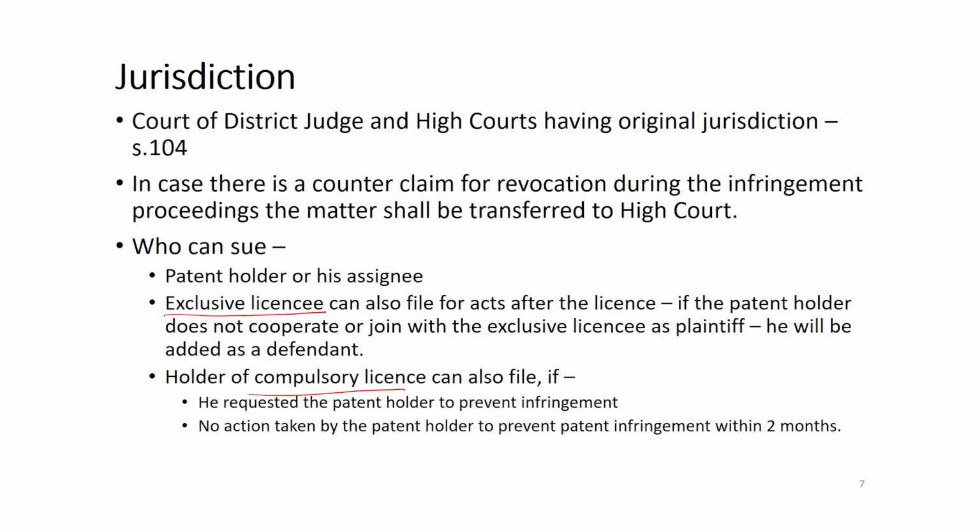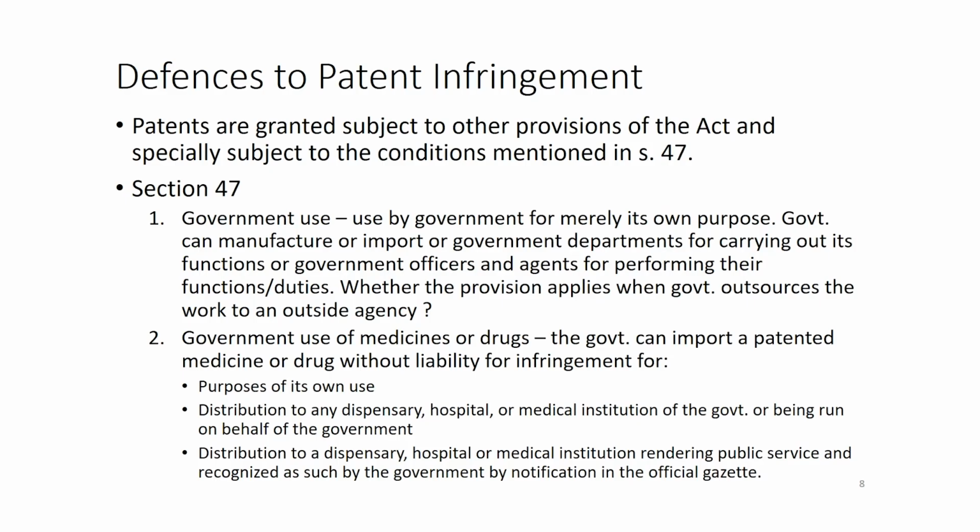So, in that case, the patent holder will also be made one of the defendants. Whether holder of compulsory license can file? Yes, he can file, but first of all, he has to request the patent holder to stop the infringement. If the patent holder does not take any action within 2 months, then the compulsory licensee gets the standing to file a case.